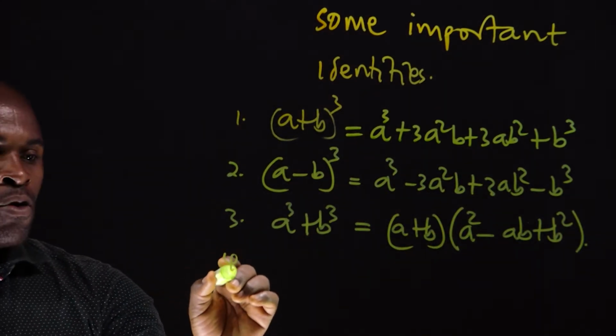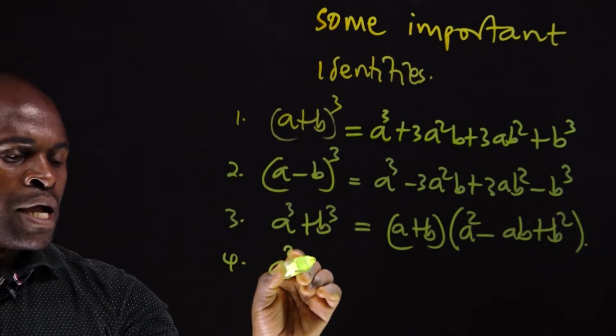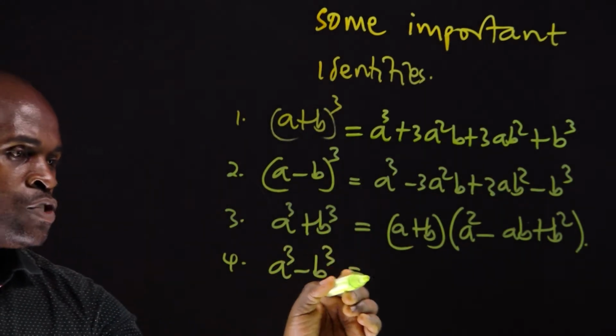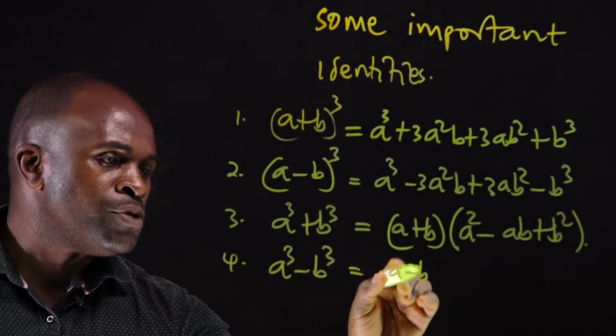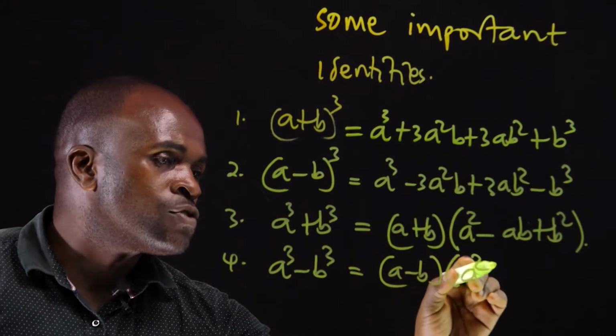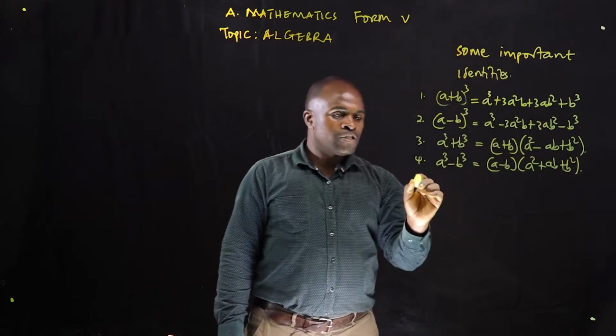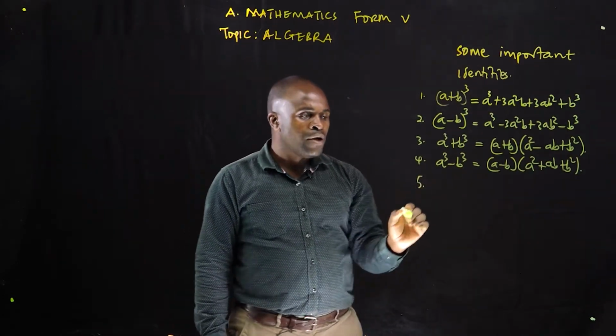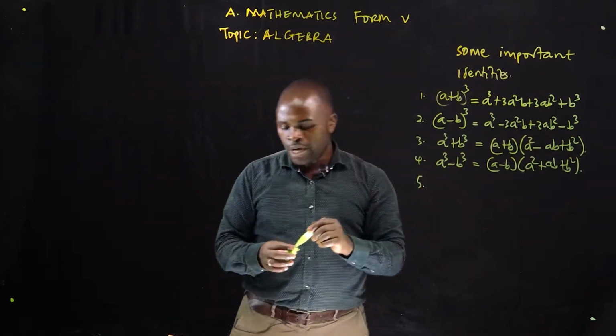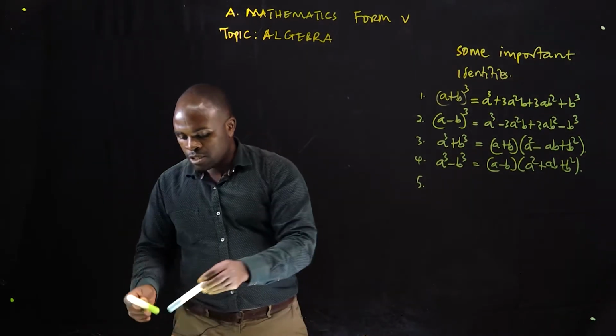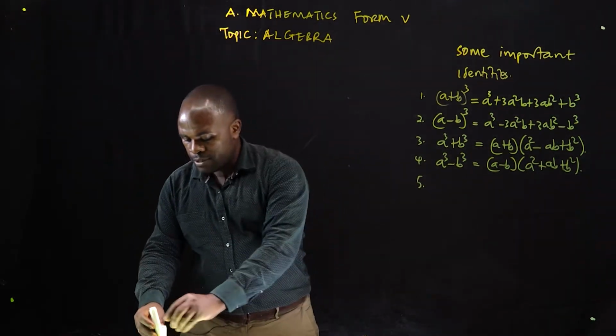So 4, when you take a cube minus b cube, this one also gives a minus b, and here a square plus ab plus b square. In the same way, we have one other identity here. This one is evolving when we are having the power of 3.